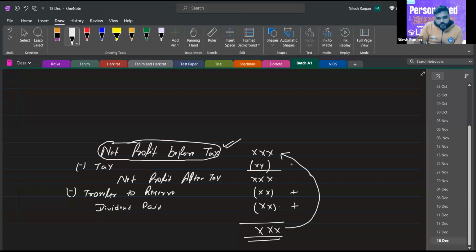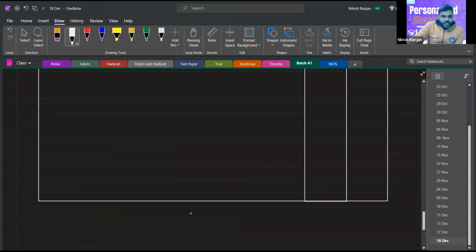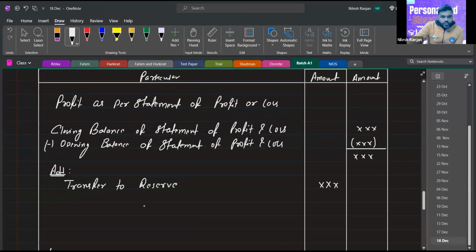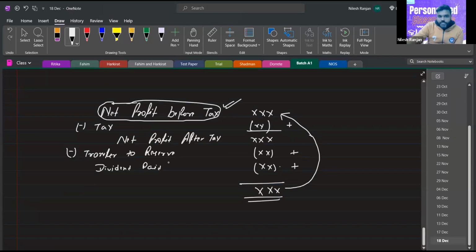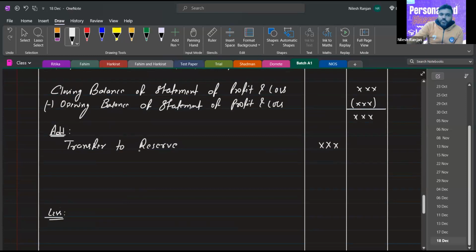Yes, sir. So that's why we will add all the items which were deducted from the net profit before tax. You can see here I am adding the transfer to reserve because it is deducted here. Dividend paid is deducted here, and tax is also deducted here. So that's why we are adding transfer to reserve. Tell me, is this clear?